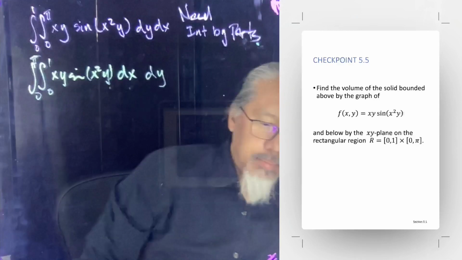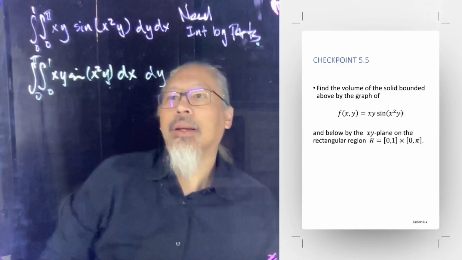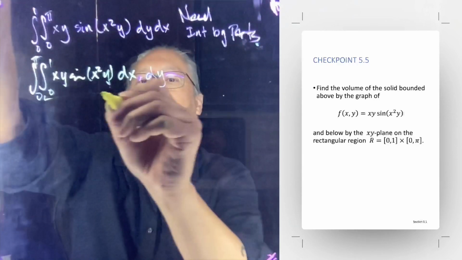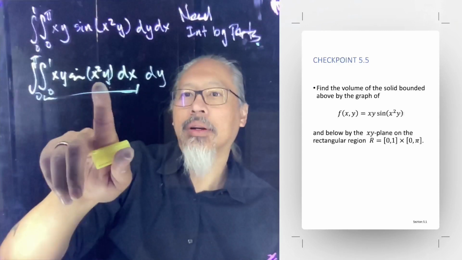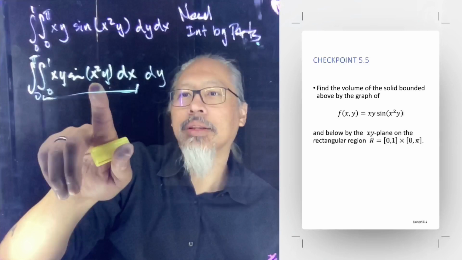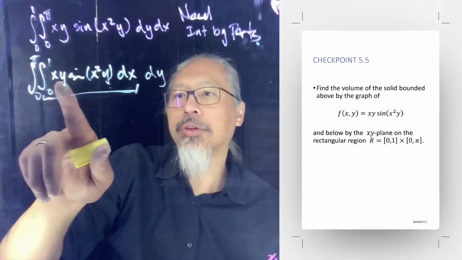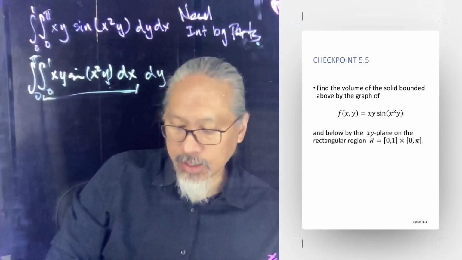Now we'll work on the inside first, which does not require integration by parts, because x squared is inside, and you would do u substitution that would cancel with the x on the outside.